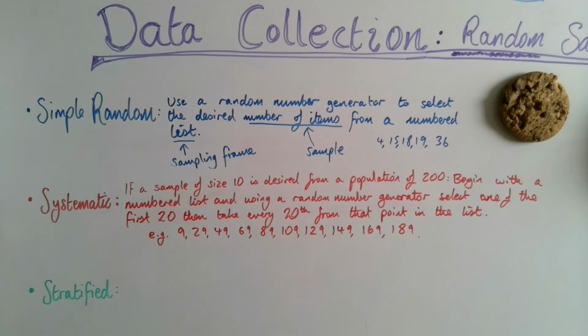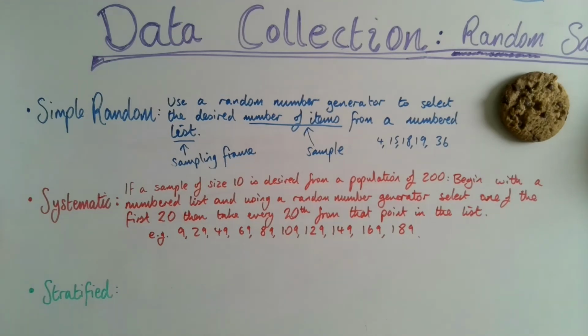So I've started: if a sample of size 10 is desired from a population of 200, begin with a numbered list and, using a random number generator, select one of the first 20, then take every 20th from that point in the list. E.g. 9, so your random number generator has given 9, and then 9 plus 20, 29, 49, 69, and so on. If you double check that, there are 10 different data points selected there.